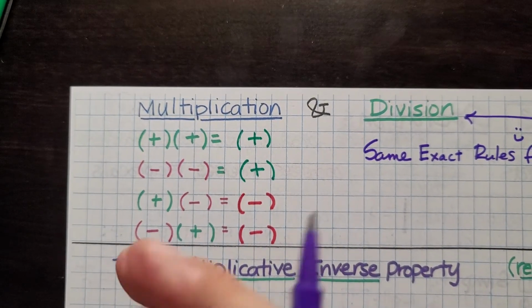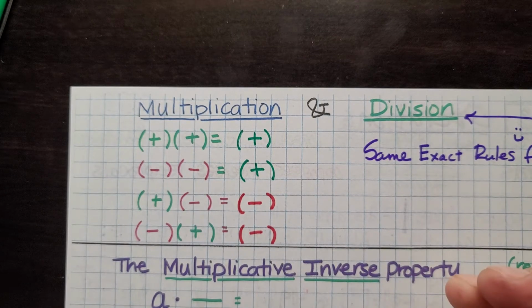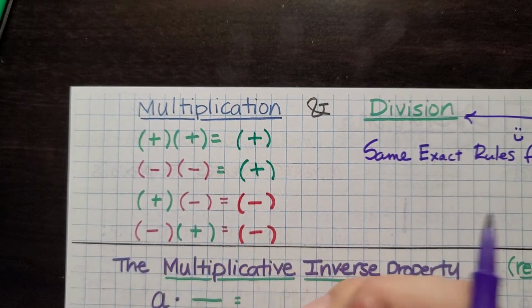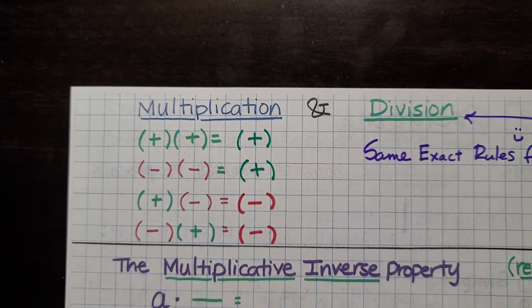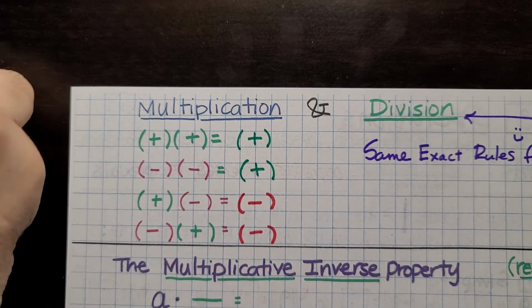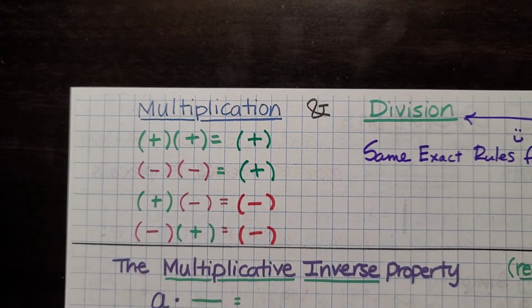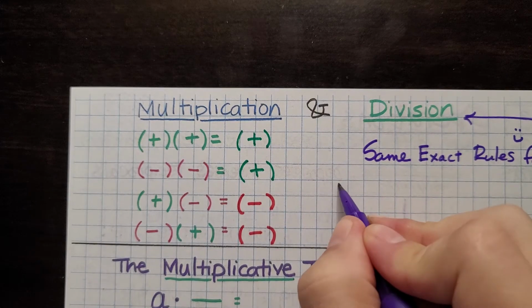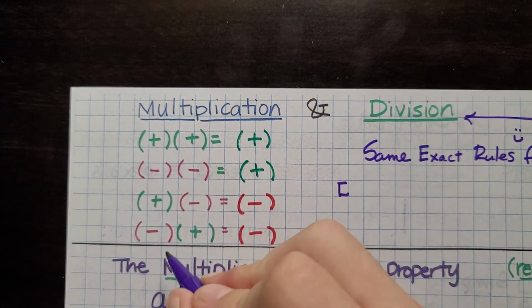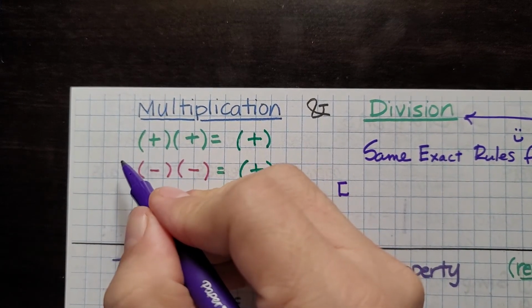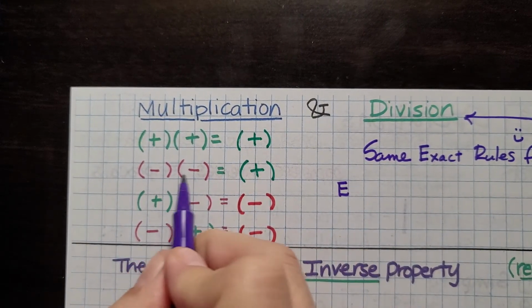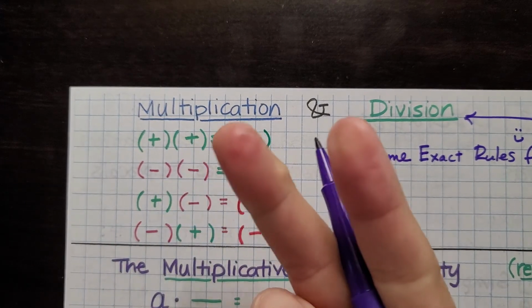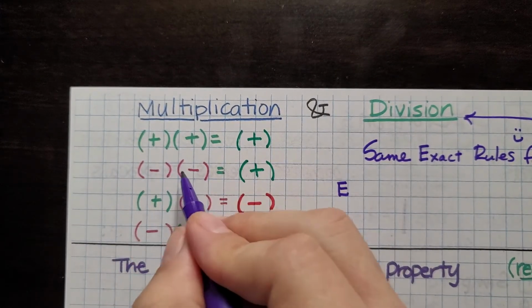Now, let's say that you have more than 2 numbers. Let's say that you have 3 numbers, 4 numbers, 5 numbers, 10 numbers. If you are multiplying or dividing, just know this: if you count the number of negative signs, that's going to determine what we do. Right here we have 2 negative signs, an even number. A negative times a negative is a positive.